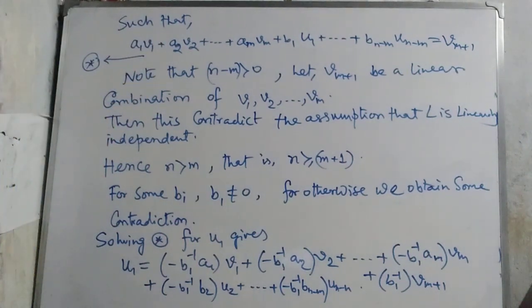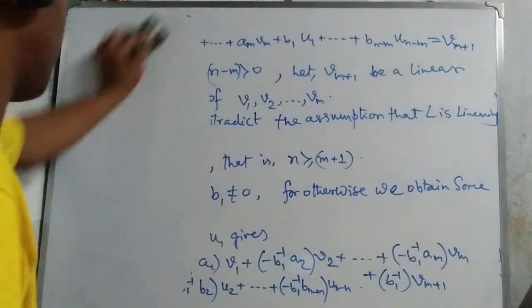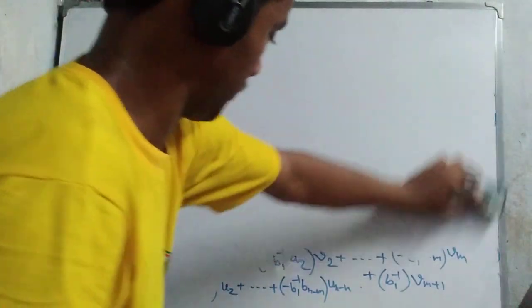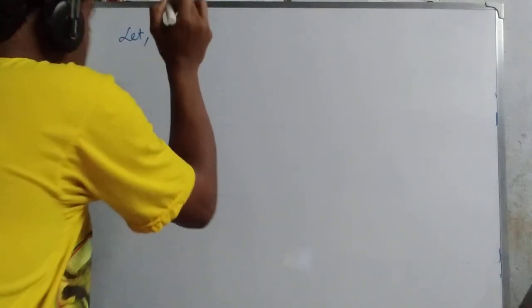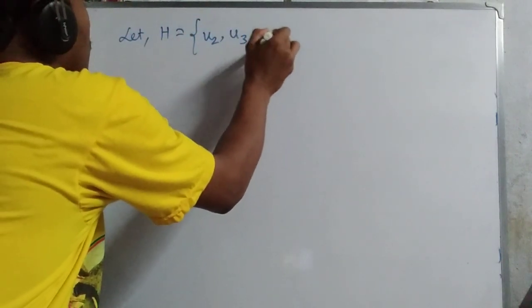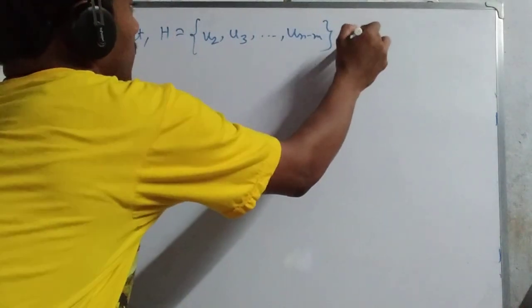So then we erase that portion and go to further discussion of that. Here we write let H equal to u2, u3, dot dot dot, u(n-m).